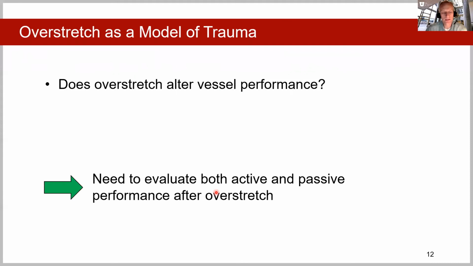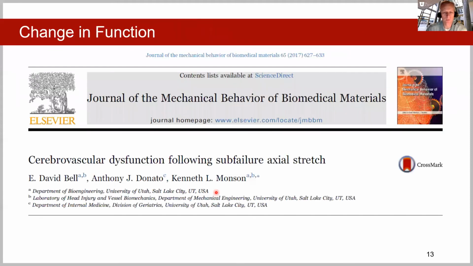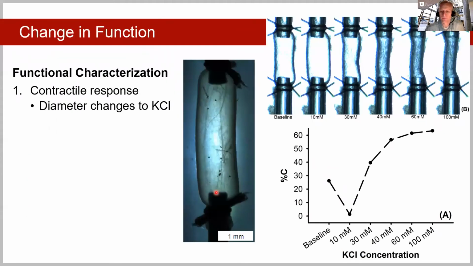Some things that my group has done to address these questions include one that was reported in this paper a few years ago. The primary investigator here was Dave Bell, a student who graduated from my lab with a PhD and now is working at BD, actually.